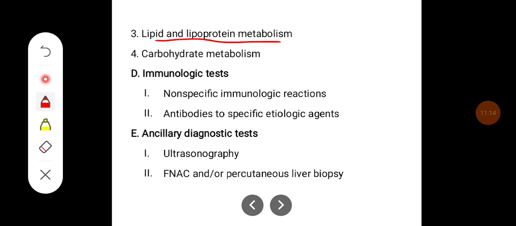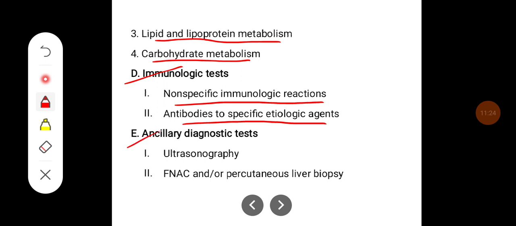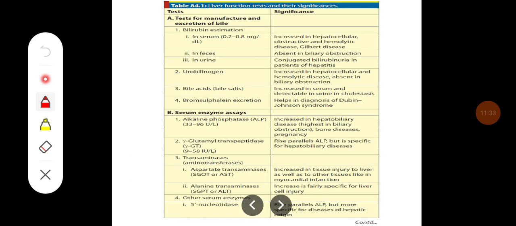Then lipid and lipoprotein metabolism and carbohydrate metabolism. Immunologic tests like non-specific immunologic reactions, antibodies to specific etiologic agents, and ancillary diagnostic tests like ultrasonography, FNAC, or percutaneous liver biopsy are done to find out the function of the liver.